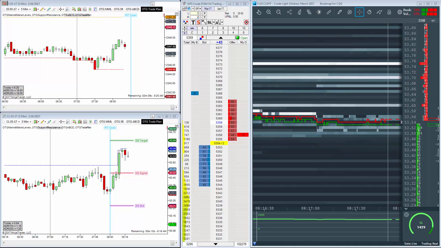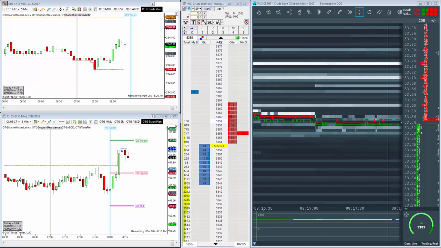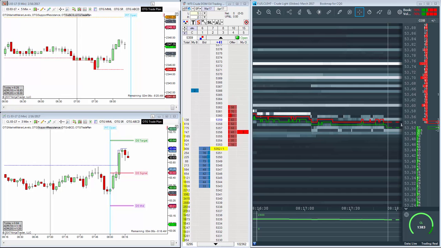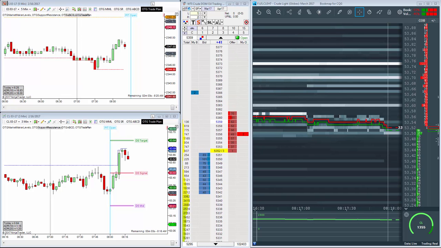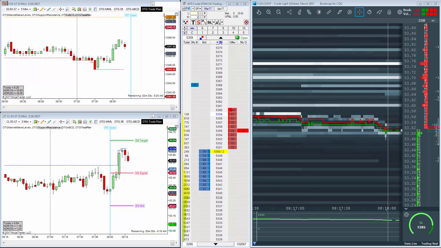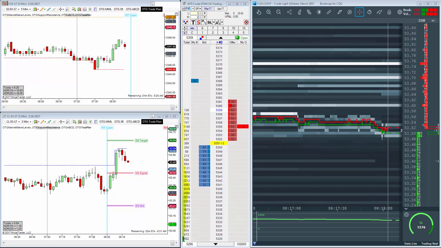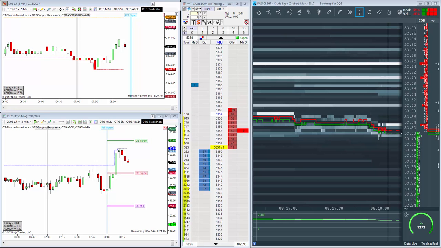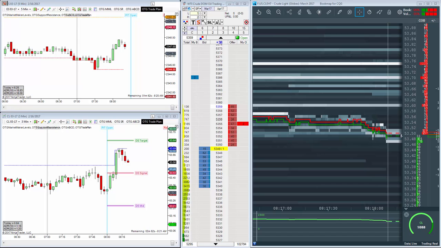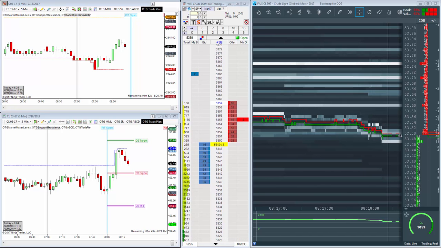And now that big line of liquidity is following it down. All right, I'm going to go now one more time, one tick down to 55. All right, take it off the chart. Take it all the way off the chart.